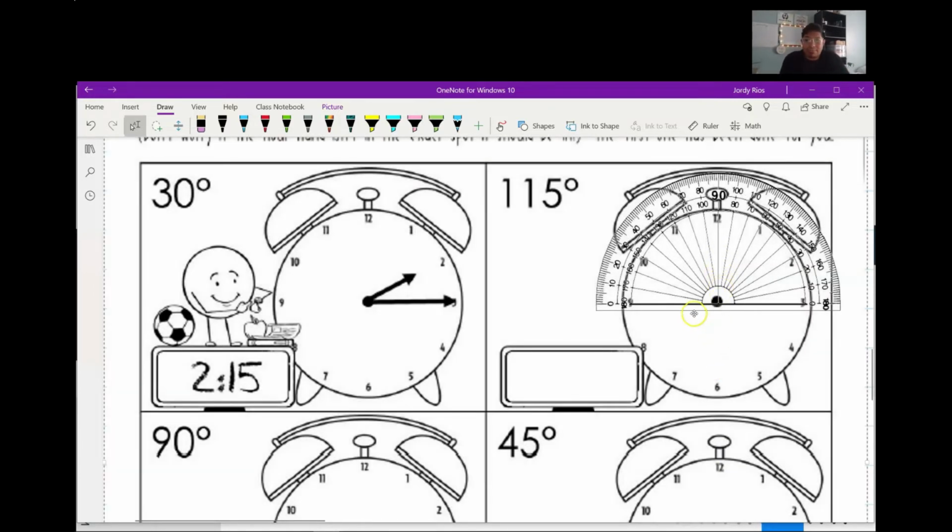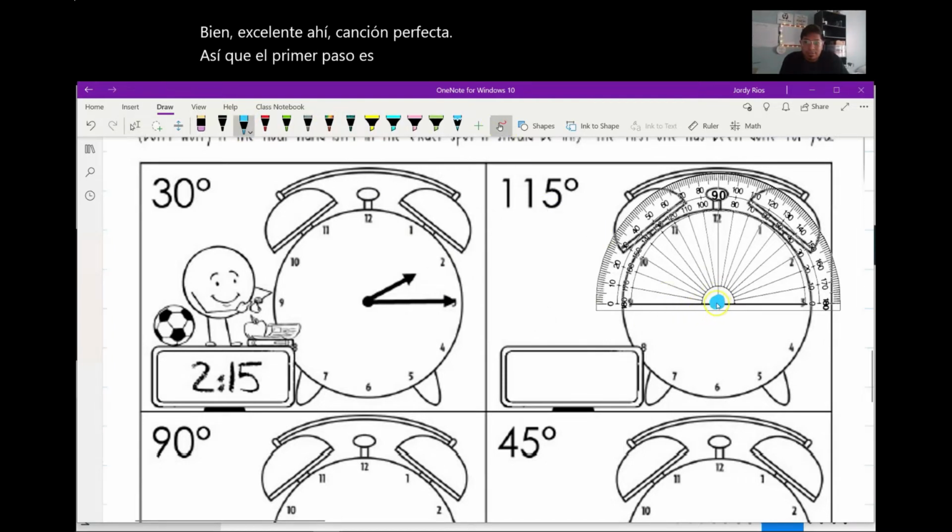Excellent, right there, perfect. Step 1 is to put the vertex by the circle, so we did that.